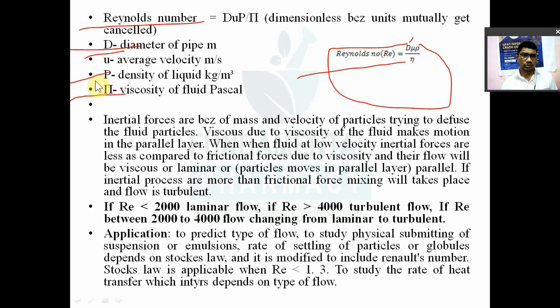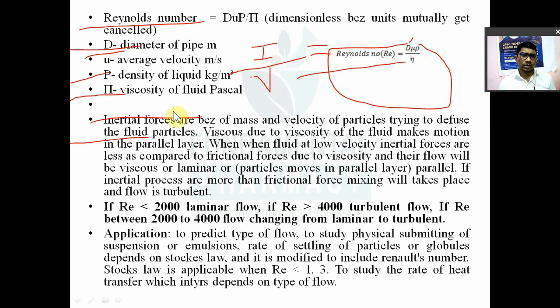So you have to remember that inertial forces are because of the mass and velocity of particles trying to diffuse into the fluid particles. What are inertial forces? Reynolds number is also known as inertial forces divided by viscous forces. In another way, Reynolds number equals D u rho divided by mu, and it indicates the ratio of inertial forces to viscous forces.